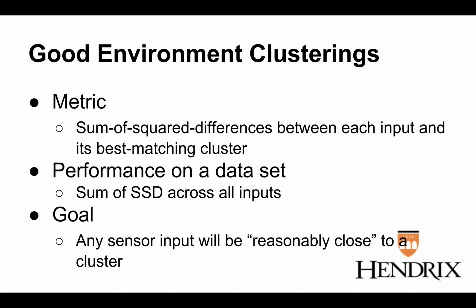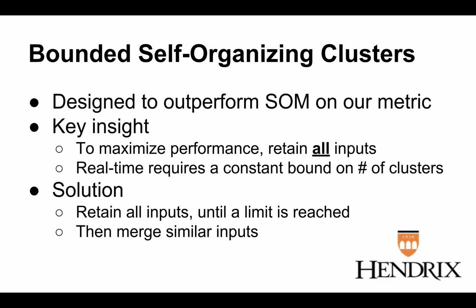So, formulating this metric led to a new clustering algorithm to try to improve performance relative to that metric, which I'm calling bounded self-organizing clusters, designed to outperform the SOM on our metric. The key insight is that, given this metric, if you really want to maximize performance, you simply retain all inputs.